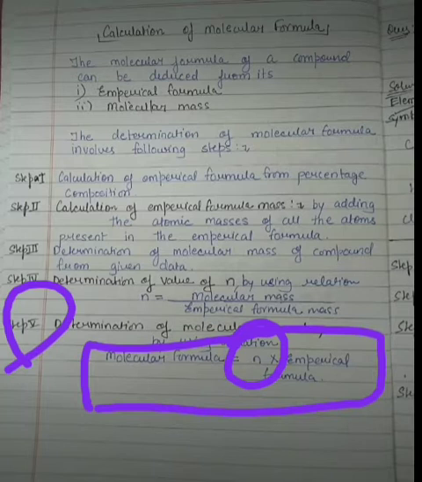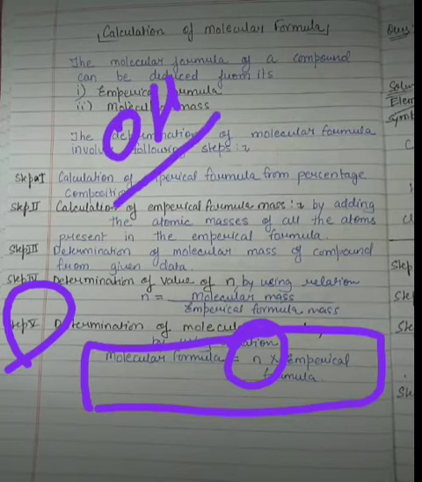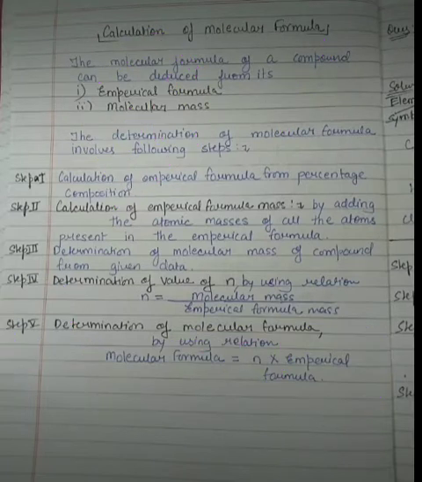If n is 1, then the molecular formula will be the empirical formula. Suppose a compound has empirical formula OH and its n is equal to 1, so its molecular formula will also be OH. You can carry this out from here. So basically these are the 5 steps.